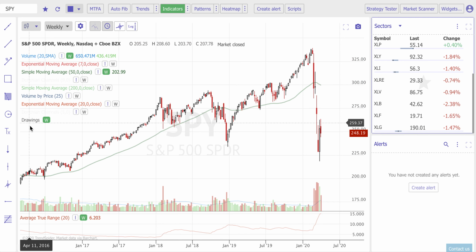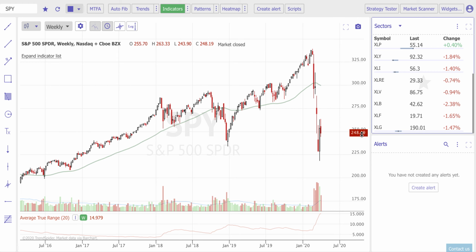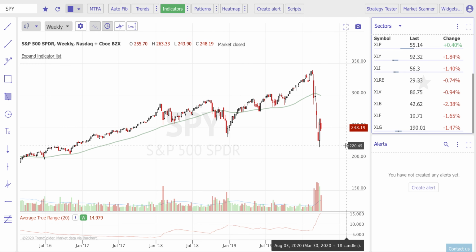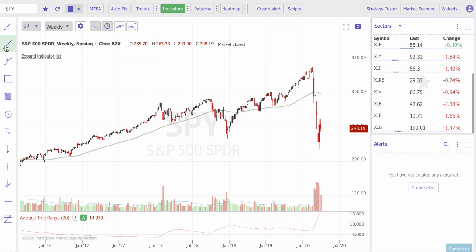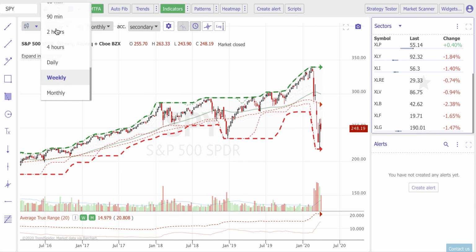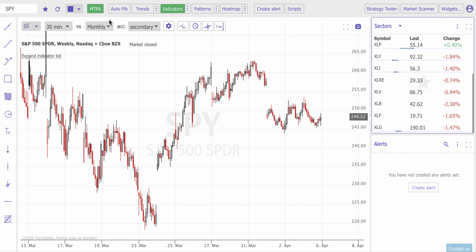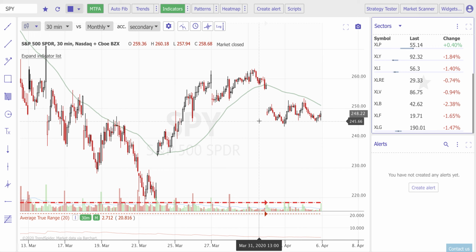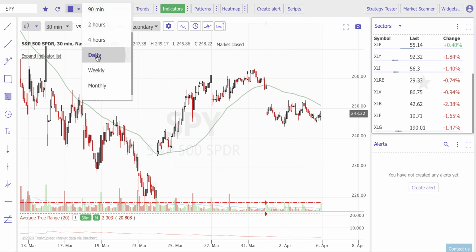I just wanted to share that if you're struggling to make sense of the big picture, sometimes zooming in can help provide that useful context. And with TrendSpider, this multi-time frame analysis can really help show you how lows and highs on different time frames might be influencing what's happening.